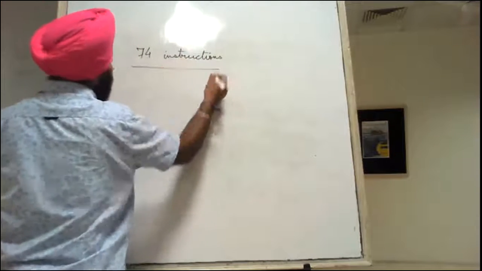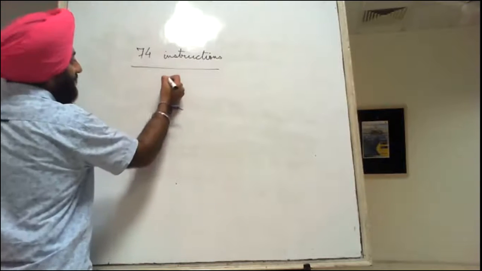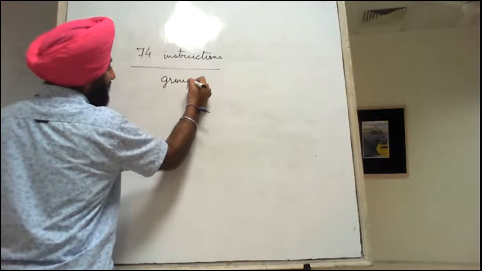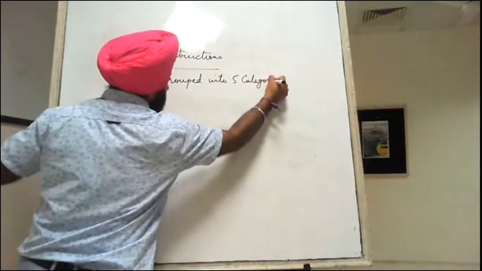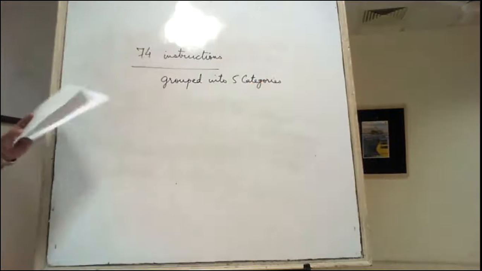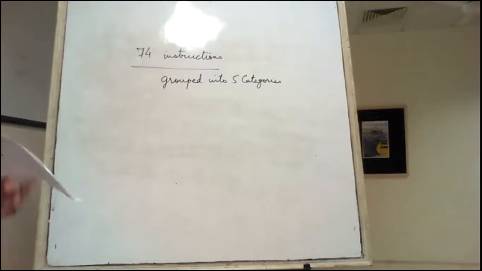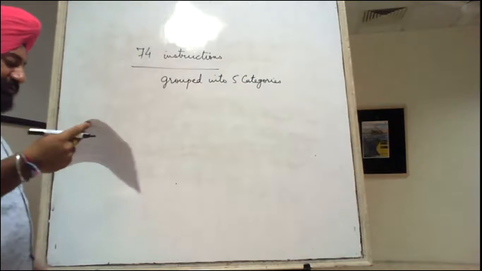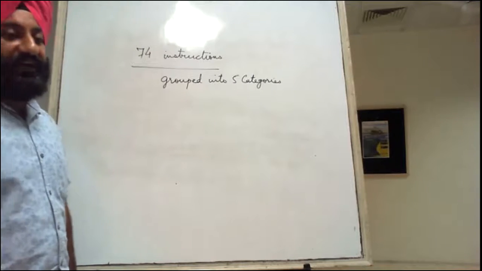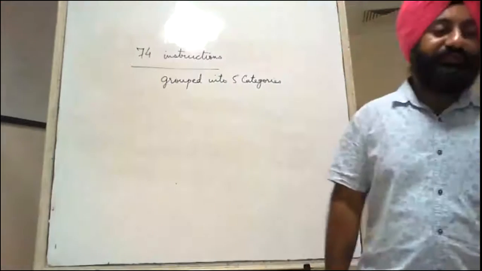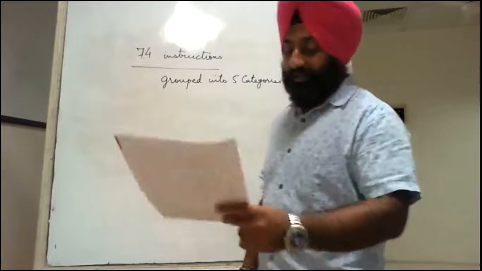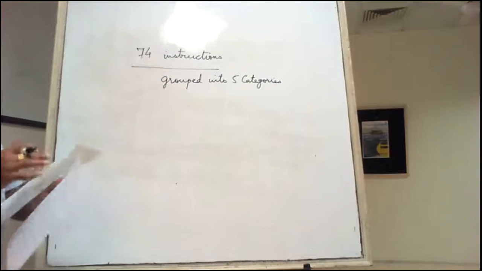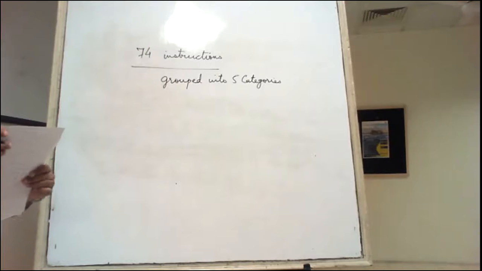There are a total of 74 instructions which have been grouped into 5 categories. Next we have applications of 8085. The 8085 microprocessor has been used in washing machines, microwave ovens and mobile phones.